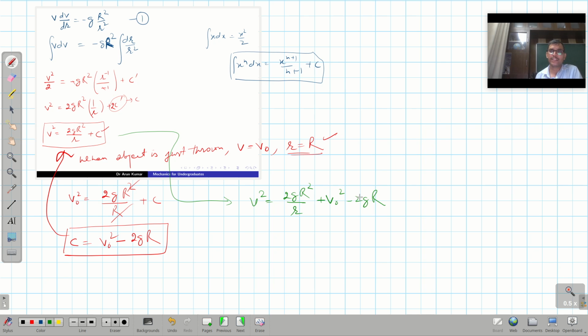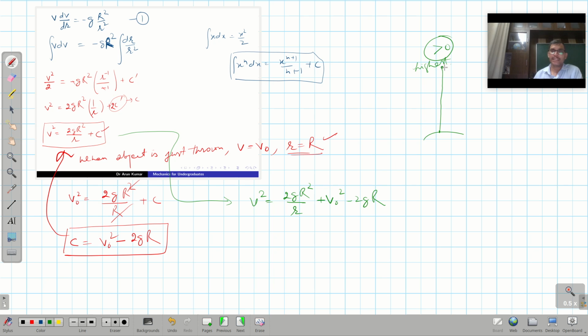So when the object is far away, means when r is very large, and we throw some object from the surface of earth to a very large distance, it will never come back here. Means the velocity at the highest point will never be 0. It must be greater than 0 at this point.